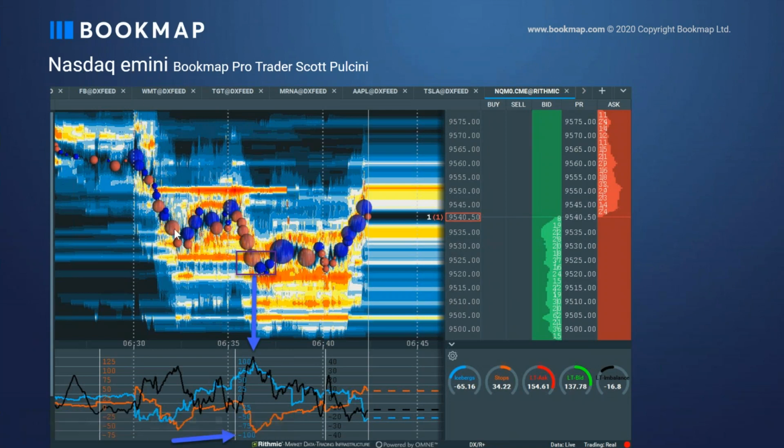The move down here, this is 9:30, he's West Coast time. After 9:30, he noticed the icebergs on one side. He noticed the stops on the other side, and then he's looking for this move back up to the upside. He tweeted this out in real time.